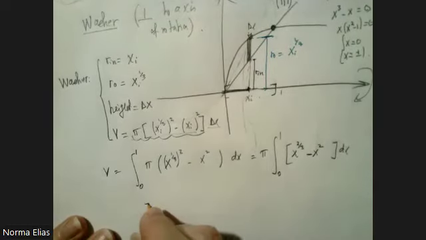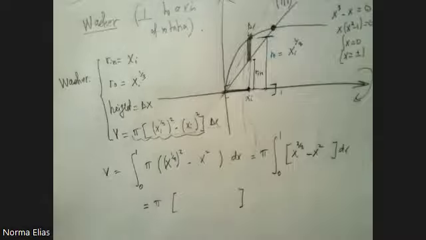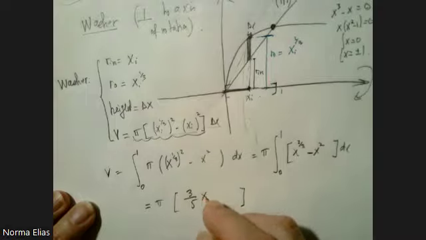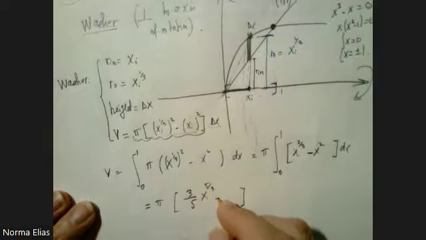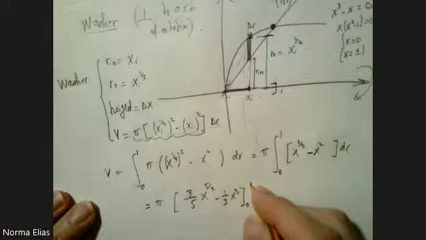So finally, this is equal to pi times 1 over 2/3 plus 1, which gives me 5/3, so it's 3/5, x to the power 5/3 minus a third x cubed between 0 and 1.